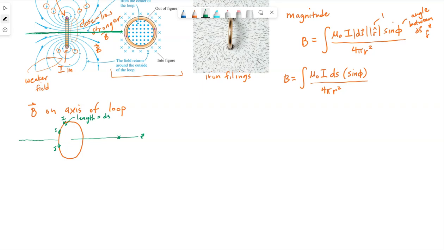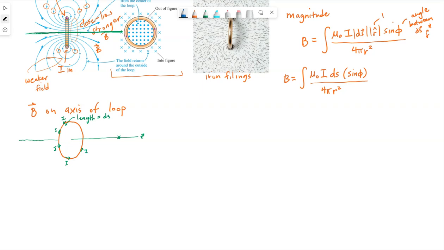The direction of ds is just the direction that the current is flowing. And I'm going with the direction of the loop above. And so we need to add or sum the magnetic field due to each of these pieces.